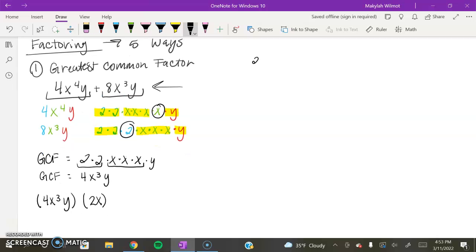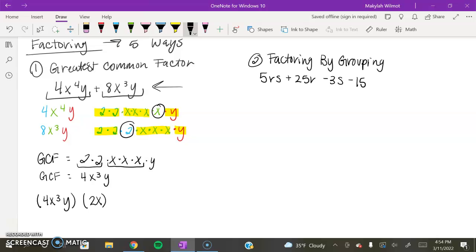Okay, so the second one, this is probably the easiest one. Factoring by grouping. This one is when there are no like terms. So we have 5RS, and for the variables, you can put any letter in for them and it does not change what it is.